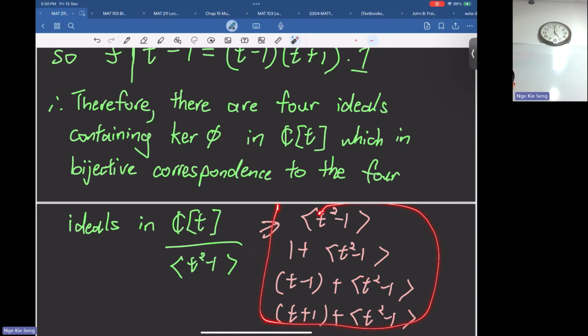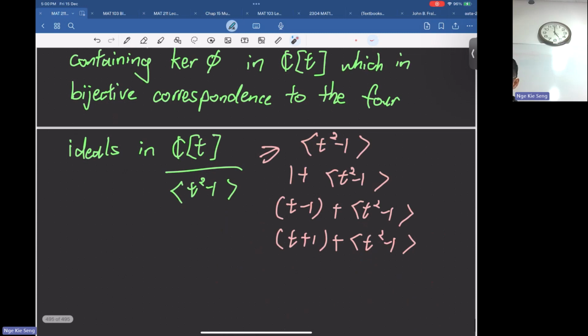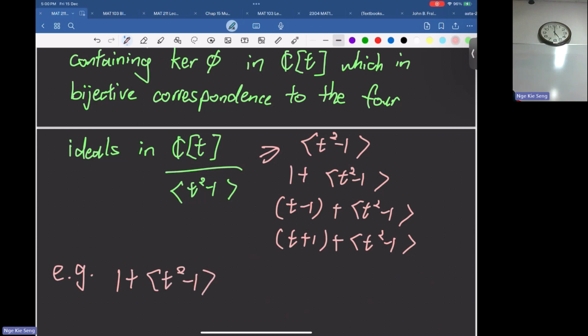But there is no T plus I here, right? So you need to show that T plus I is the same as one of the representatives here. So you need to check. This is a very good example to see whether you know the operation in a quotient ring or not. So let's add two cosets together.